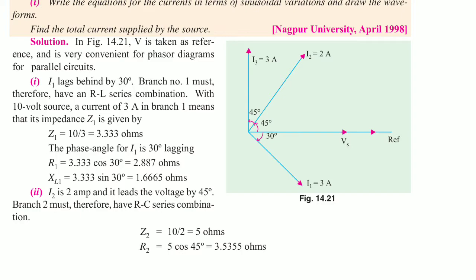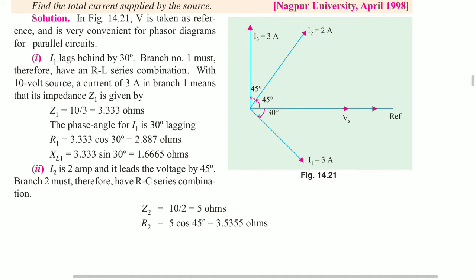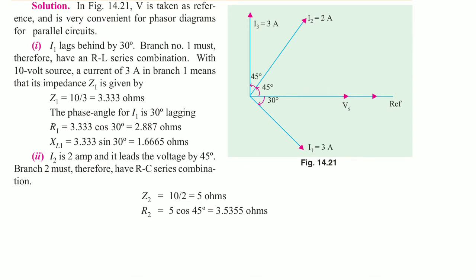With a 10 volt source and a current of 3 amps in branch 1, its impedance Z1 is 10 by 3, that is 3.33 ohms. The phase angle of I1 is 30 degrees lagging, so the resistance of branch 1, R1, is 3.33 cos 30 degrees, which is 2.887 ohms.